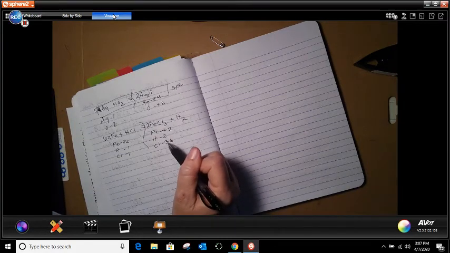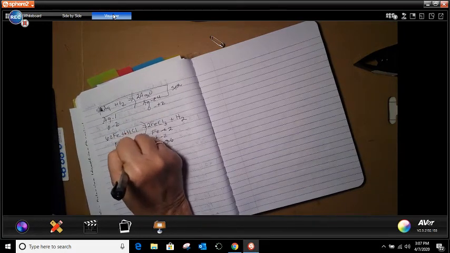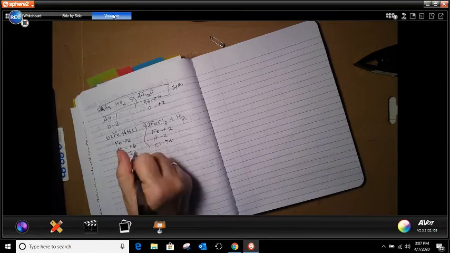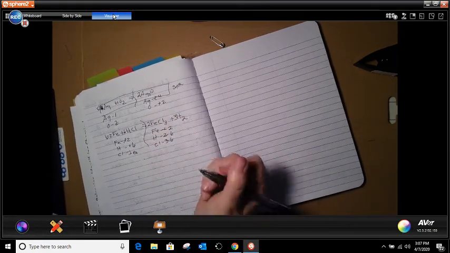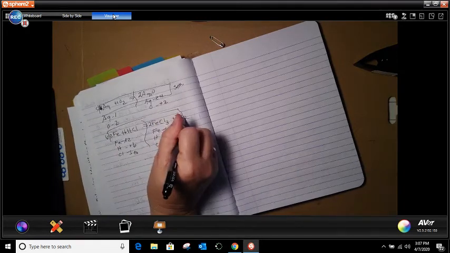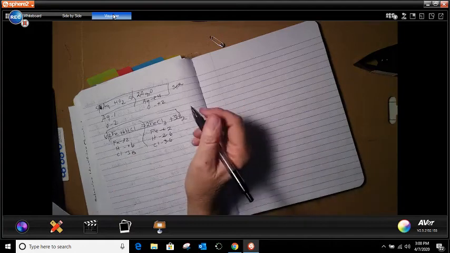I can't do that, can I? Because if I put a 6 here, that would change my hydrogen to 6, my chlorine to 6, but it's not going to equal now. So the only thing I got to do is put a 3 in front of here, and that makes that 6. And let's see what it is. It is single displacement.